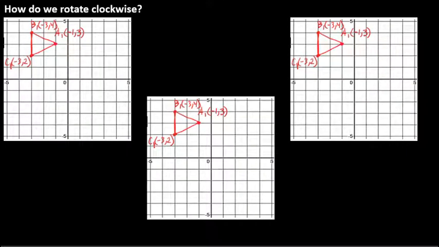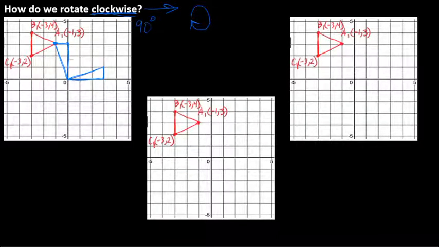First, let's do clockwise. Let's start with a 90-degree rotation clockwise. Clockwise is turning your steering wheel right, or it's the actual direction a clock goes in, whatever's easier for you to relate to. So if I rotate this 90 degrees clockwise, this is going to come over here 3 and up 1.